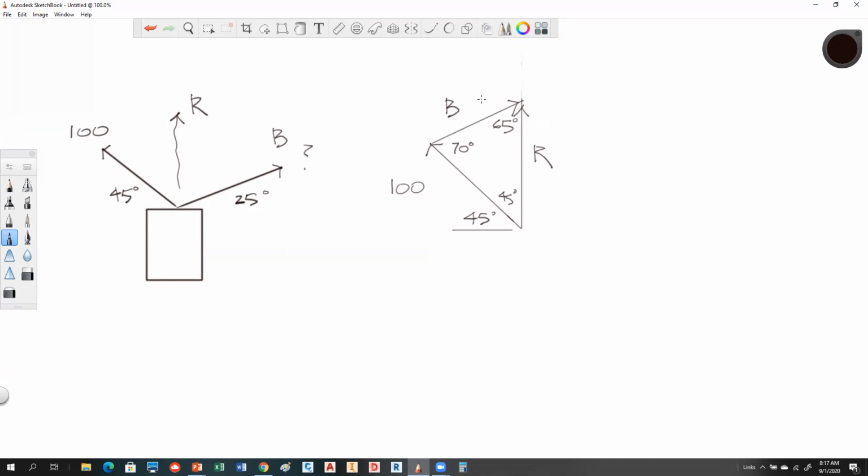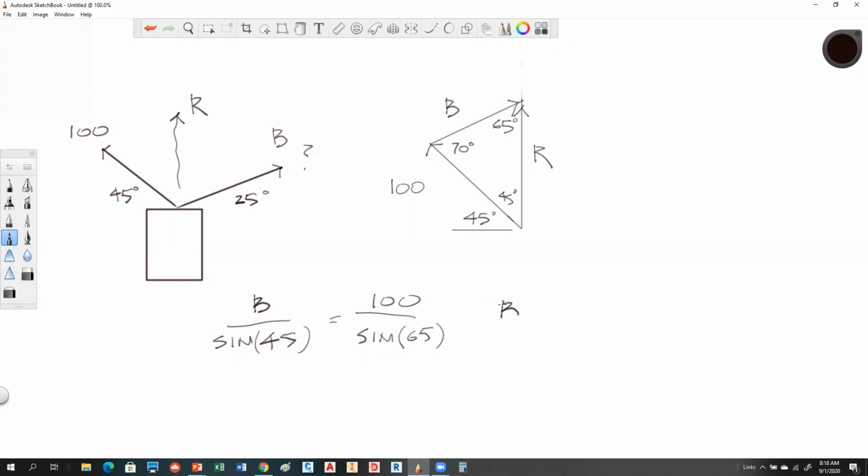Okay, well, what we have is a sine law, and I can say that the sine of 65 is to 100 as the sine of 45 is to B. And I'm going to write that slightly differently. I'm going to say that B is to the sine of the side it's opposite, which is 45, as 100, the magnitude of that chain, is to the angle that it's opposite, which is 65.